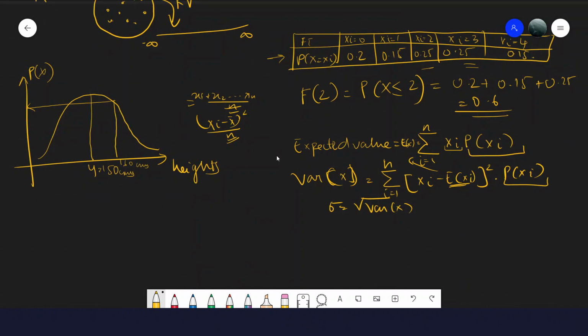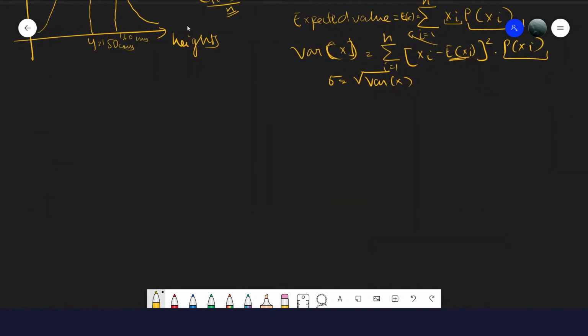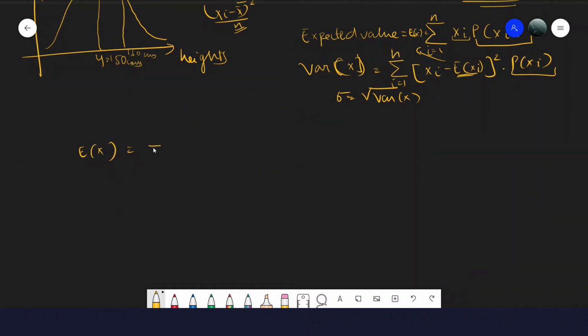Now I'll give you just one example to drive the point home. For the same example that I've written over here, the expected value of x is the sum of xi p of xi, which is equal to 0 into 0.2 plus 1 into 0.15 plus 2 into 0.25 plus 3 into 0.25 plus 4 into 0.15.